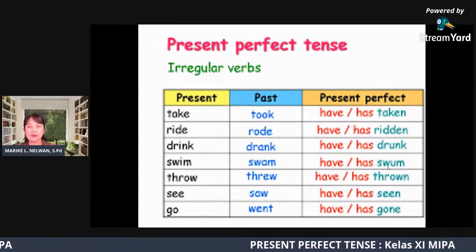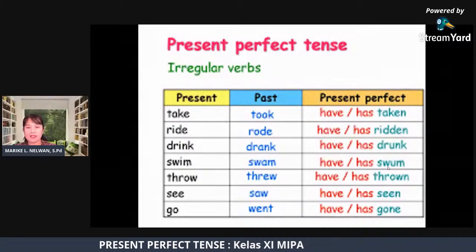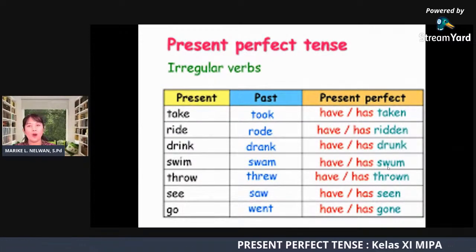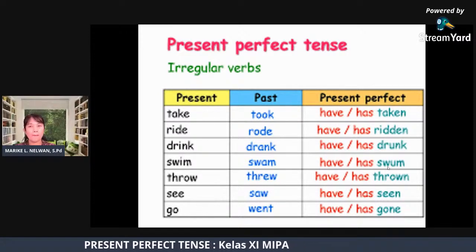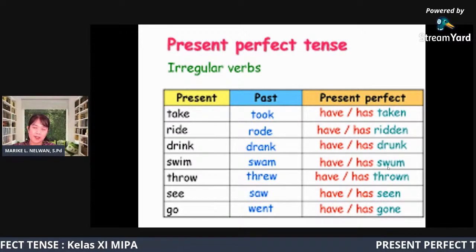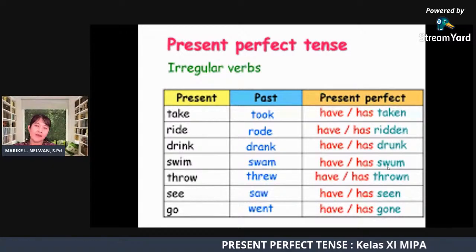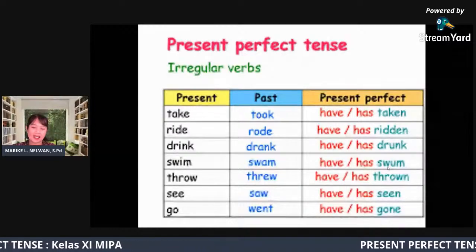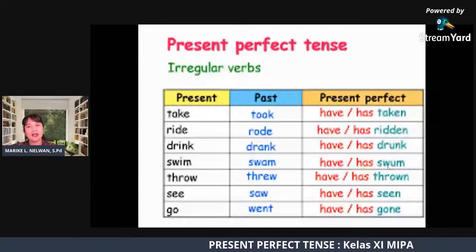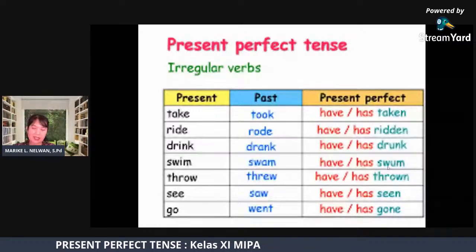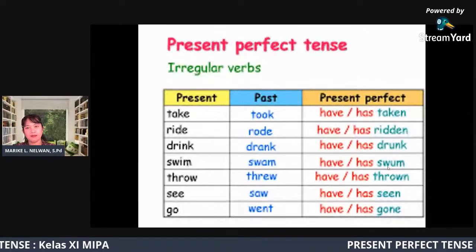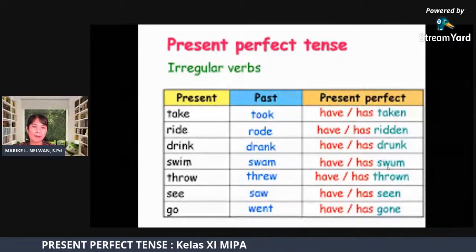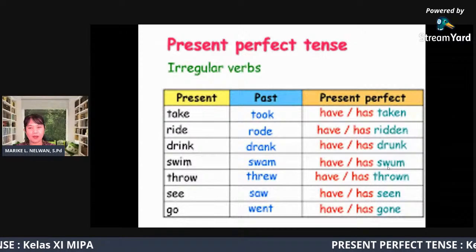Jadi, everyone, there is no best way or technique to memorize and to remember all the irregular verbs and also regular verbs. But what you have to do is just to learn and just to memorize or to remember. Jadi tidak ada cara yang terbaik untuk kita bisa merubah, misalnya bentuk verb satunya take, bentuk verb duanya apa, verb tiganya apa, kita tidak bisa karang, everyone.